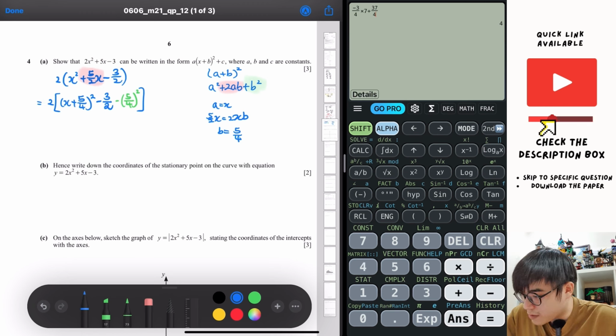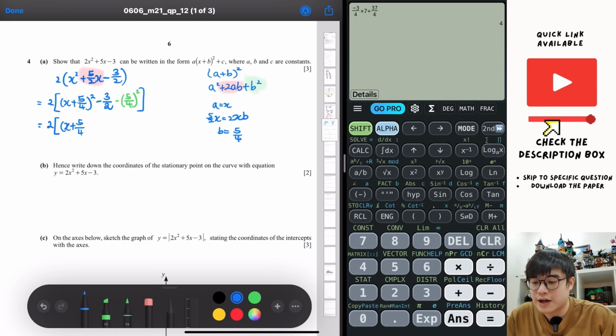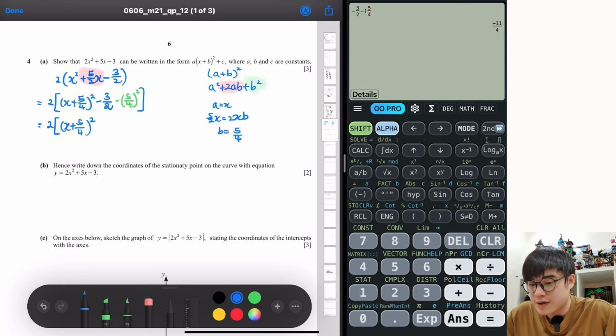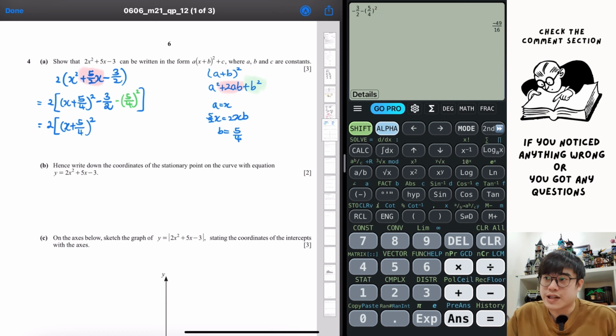So to finish up the calculation, I will first not multiply the 2 into the equation. I will try to solve whatever I have here, by taking -3/2 and then I minus the 5/4 first. Okay, you actually get -49/16.